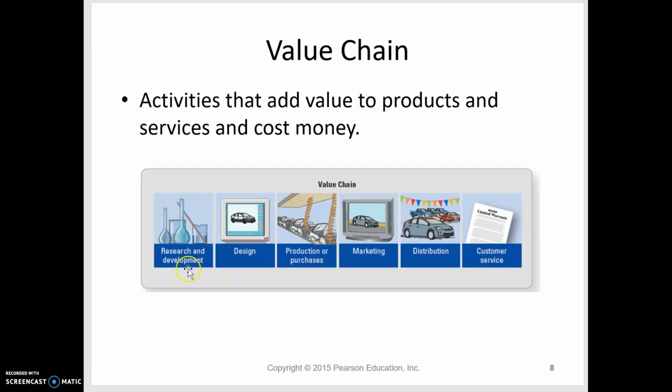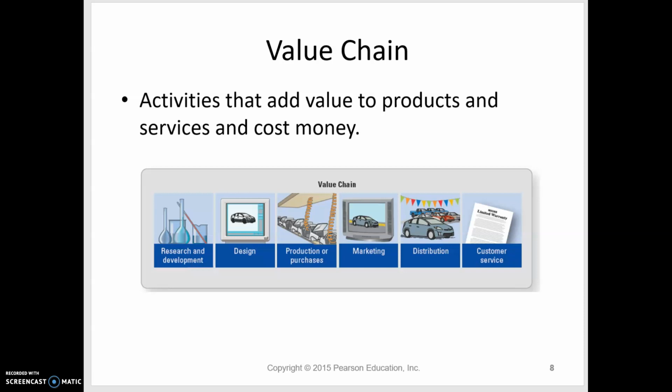So we've got the research and development, the R&D, design, and then the production, if you're a manufacturing company, or the purchasing costs. You'll have a purchasing department if you are a merchandising company where you are buying the product from distributors. Then you'll have marketing, advertising, how are you going to get customers, distribution, how are we going to get our product to the customers, and then finally customer service.